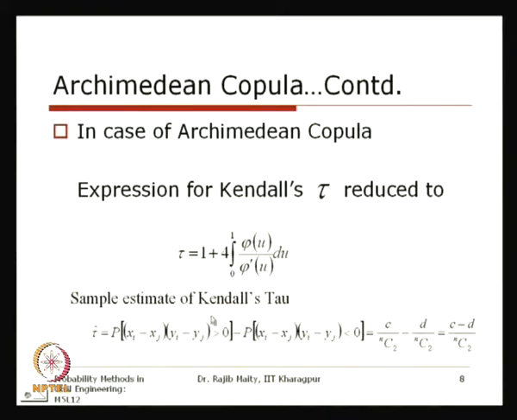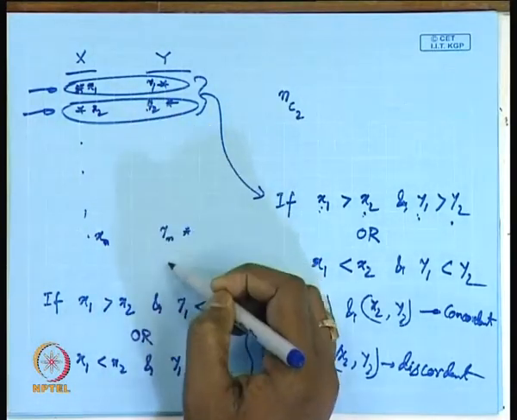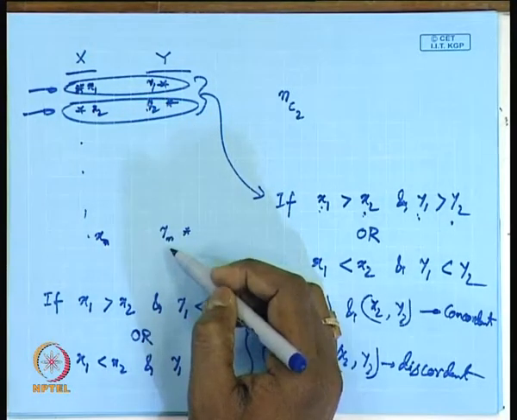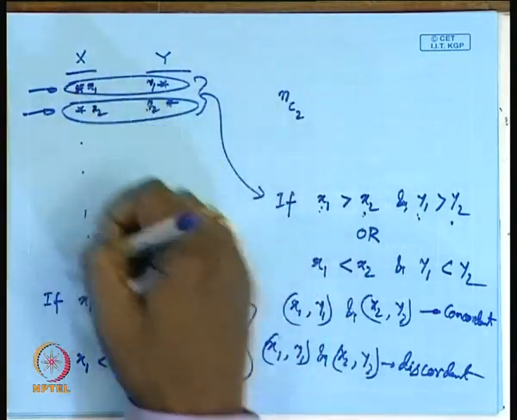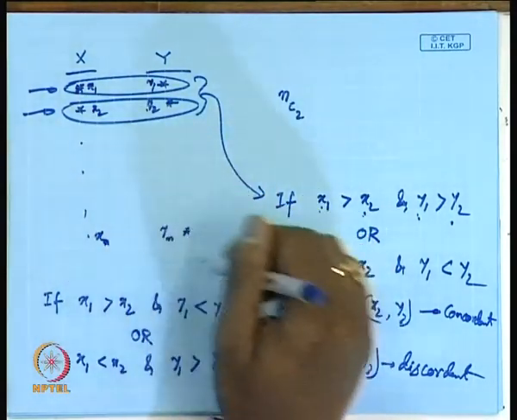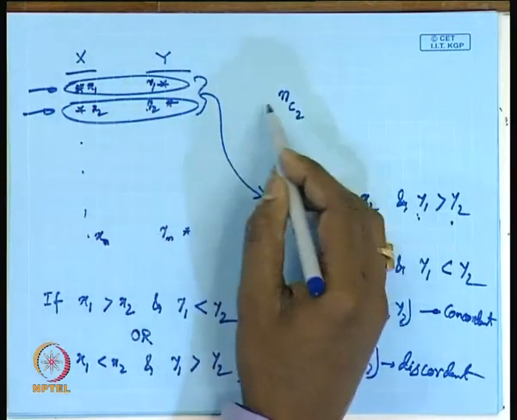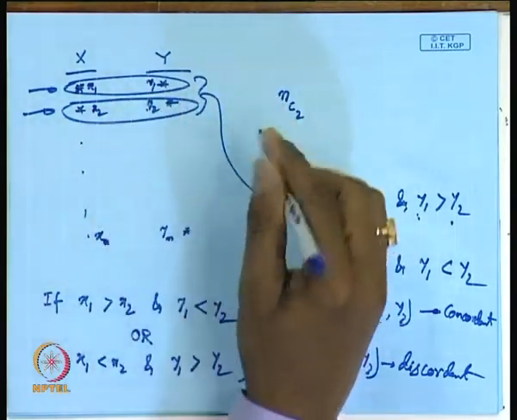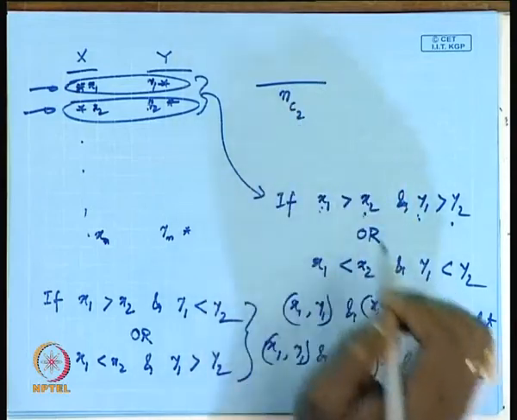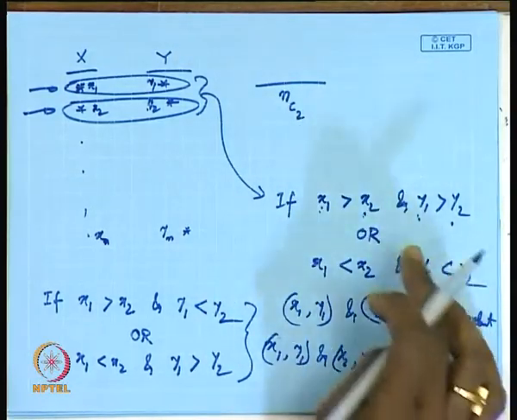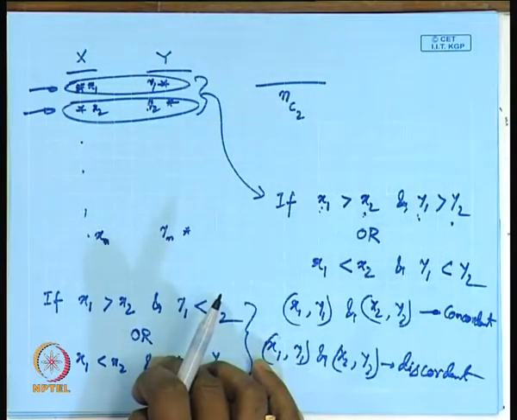In this case it is discordant. Now, Kendall's tau is the probability of a concordant pair minus the probability of a discordant pair. Out of the n pairs available to us, the total ways we can select two pairs is NC2. Out of these NC2 choices, a few will be concordant and a few will be discordant.